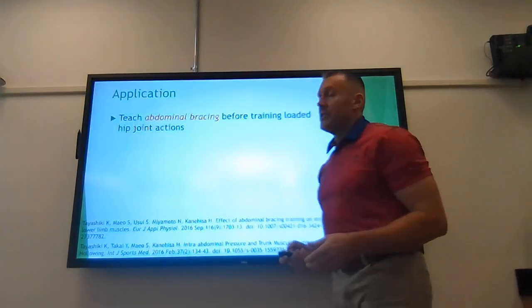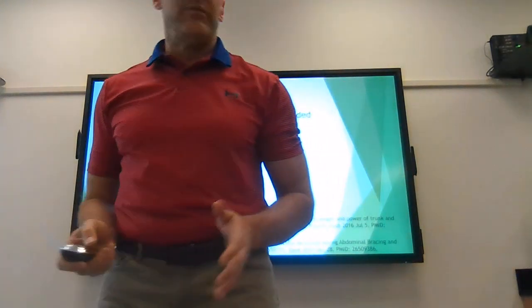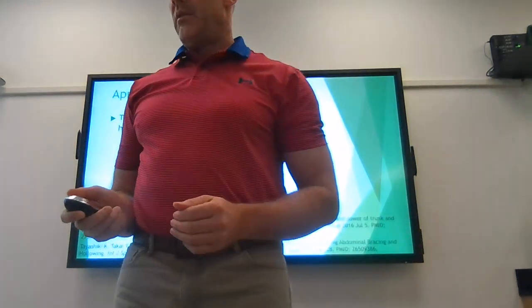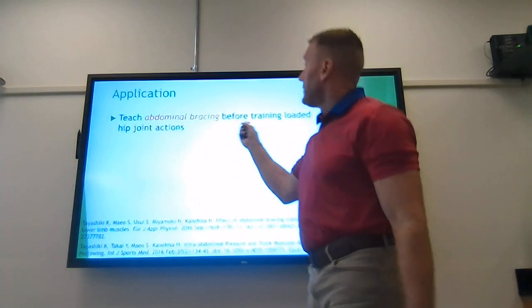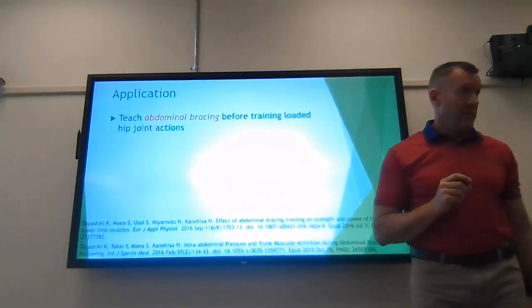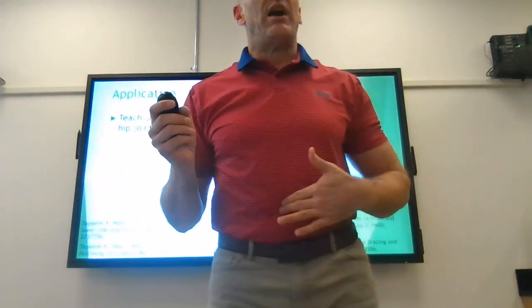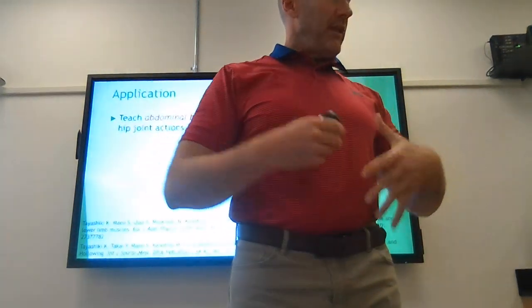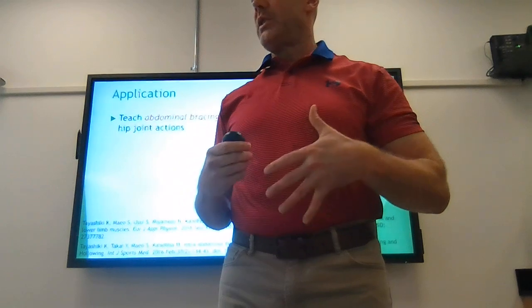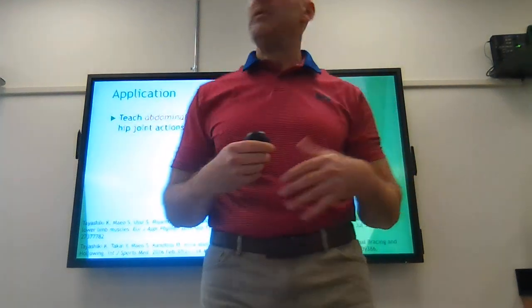Okay, so the application. As we've seen, and you've read a couple of articles a few weeks ago that talked about the importance of abdominal bracing. With abdominal bracing, we're activating not just the transverse abdominis, but basically everything. So it's a co-contraction of the abdominal wall.